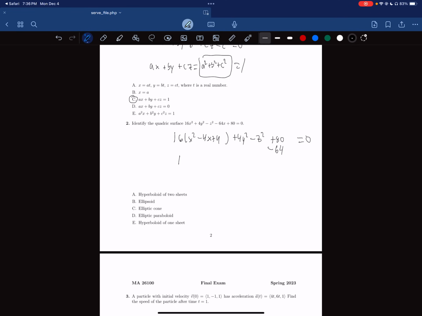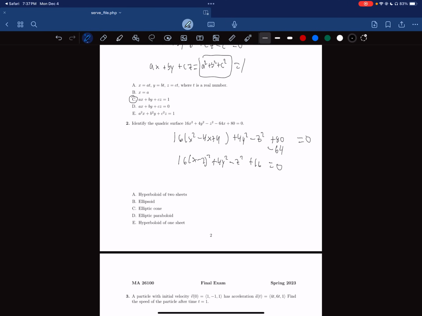And, of course, we can factor this out. We're going to get x minus 2 squared plus 4y squared minus z squared, I guess we can keep it like how it was, plus 24 equals 0. Or this is not plus 24, this is plus 16 equals 0.